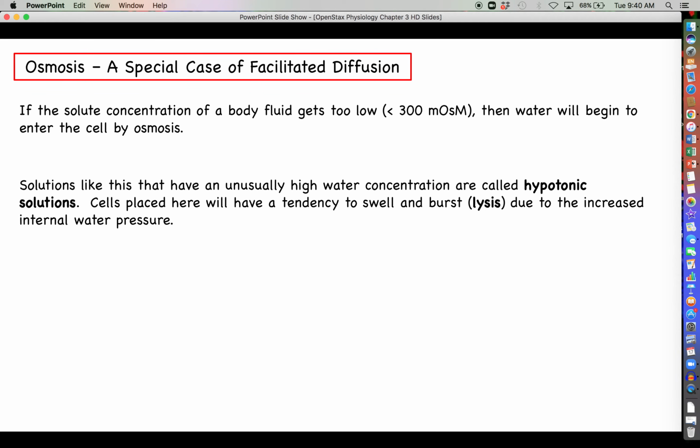So solutions like this that cause a cell to swell up and potentially burst are called hypotonic solutions. And hypotonic solutions are usually also going to be hypoosmotic solutions when the comparison is between the hypoosmotic solution and the intracellular fluid.